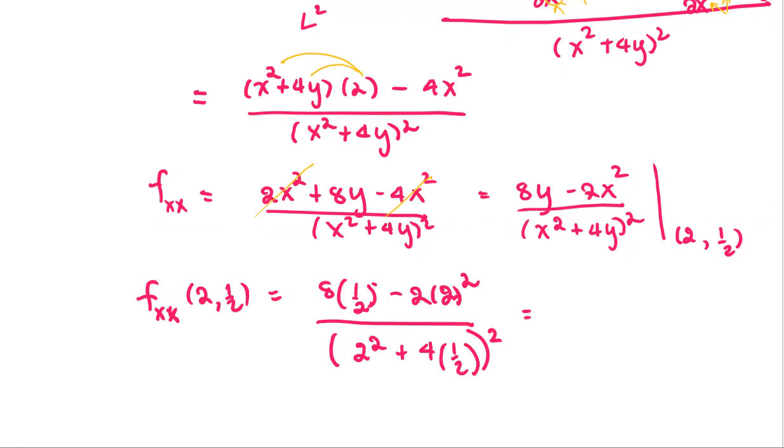It's the layer of the numbers. So 8 and 1/2, that's 4. This one, 2 times 4, that's 8. And then this is 4. And this one is 2.